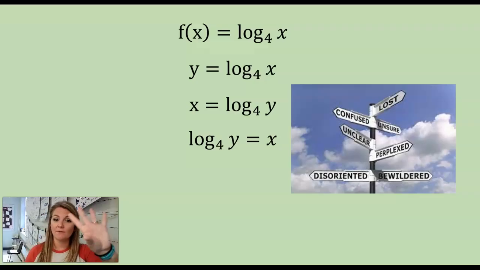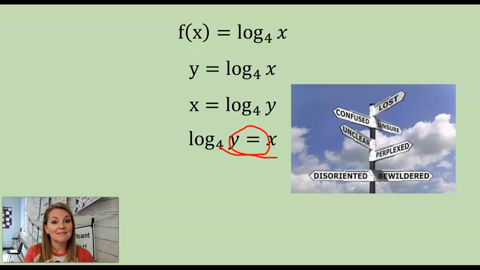I'm just putting all of the y stuff on the left side and all the other stuff on the right. Because then I can see a little better that what I need to do is my e. Once you get the log part by itself, and all you have is the base and the argument, you're going to do the e.